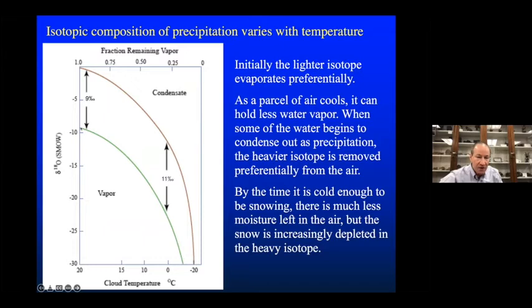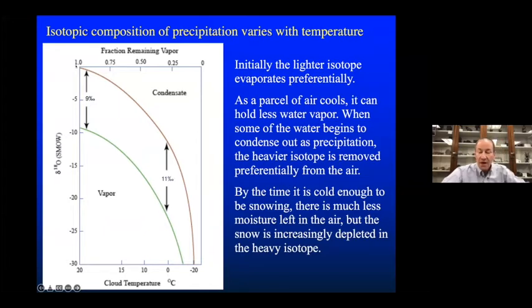I do want to make this point. The starting point of this whole figure, this whole trajectory, is the upper left-hand corner. That is at about 20 degrees C, that's this column, and at 0 delta O18.